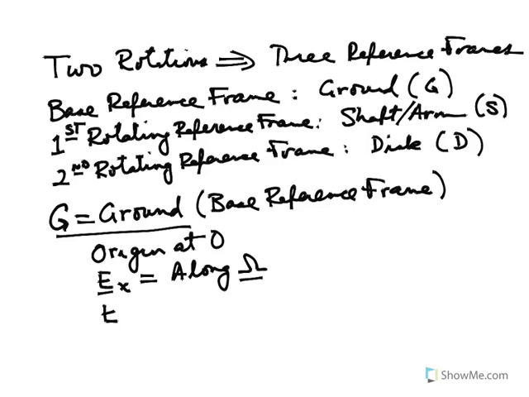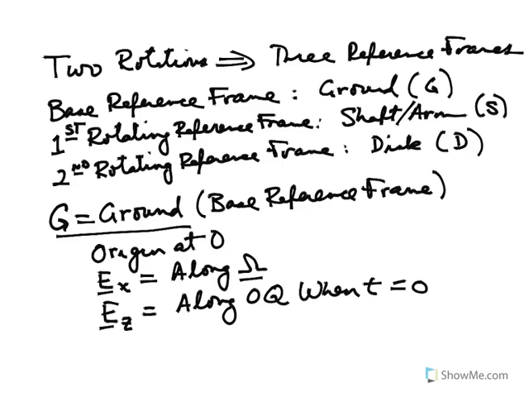And then I'm going to put EZ along the direction OQ when t equals 0. Meaning whatever direction OQ is pointing when t equals 0, that's the direction EZ. And then EY is going to equal EZ crossed with EX. And I'll explain, like I said, in a minute why I picked the directions the way I did.